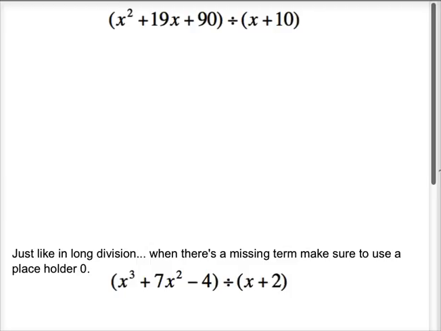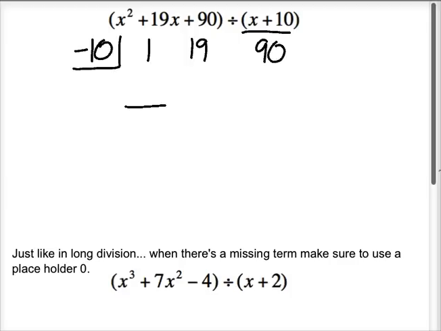All right. So again, once you understand that structure, it's actually not too horrible. So I focus on the x plus 10. Well, that means I'm going to be using a minus 10 as my magic number. 1x squared plus 19x plus 90. And now I begin.